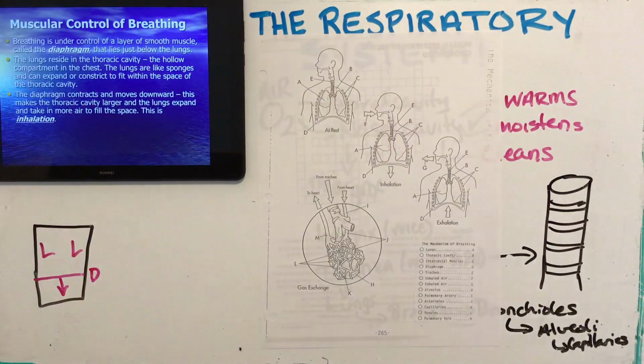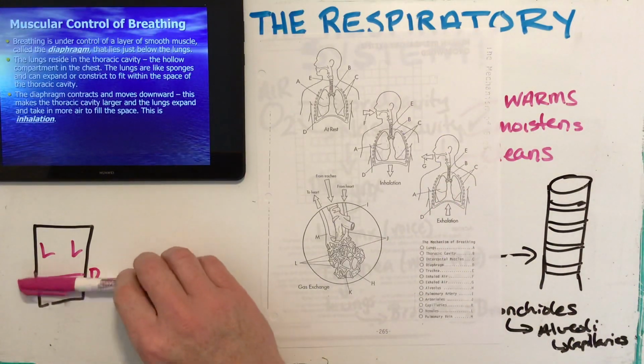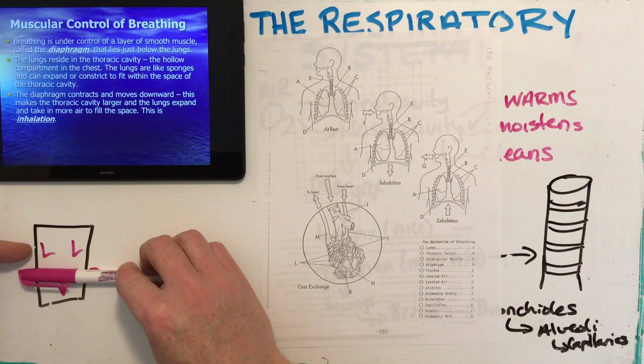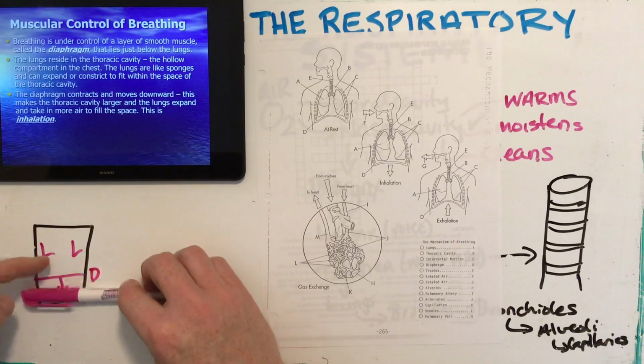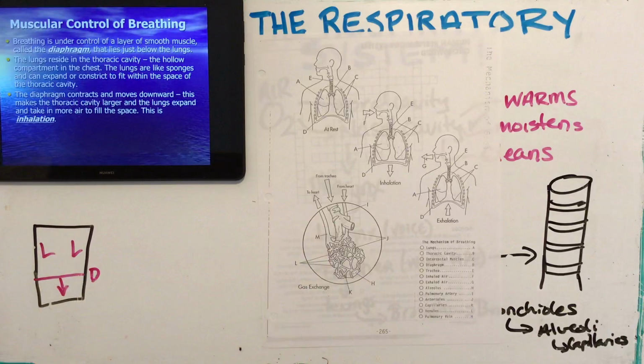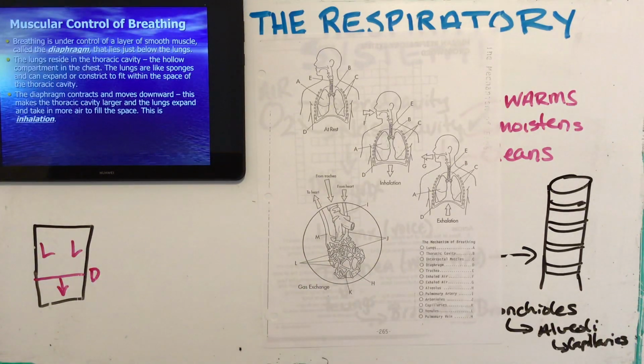Then when I want to breathe out, the diaphragm moves back up. When it moves down, this square gets larger. When it moves back up, that square gets smaller. And the air that filled that expanded space now gets pushed out, right? So diaphragm down means inhale, diaphragm up means exhale.